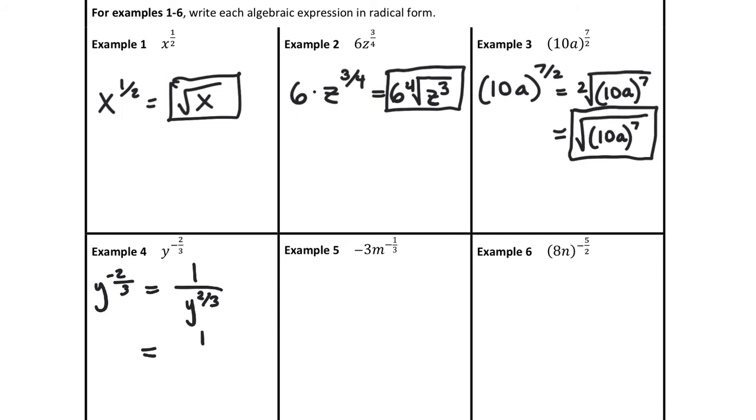We're going to do 1 over then the root symbol, and the y is going to go inside. Then we have to decide, where is the 2 and the 3 going to go? So remember, the 2 on the number on top of the fraction, the 2 goes inside. So it's going to be y squared inside, and the 3 goes in front.